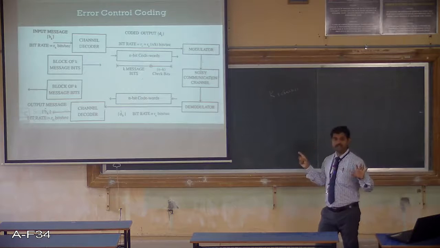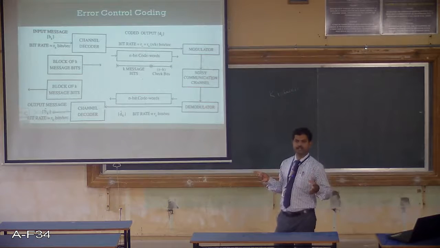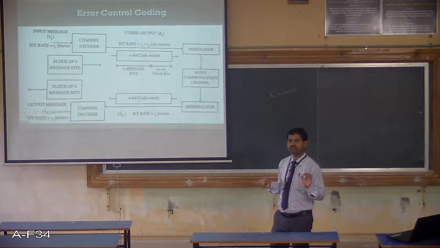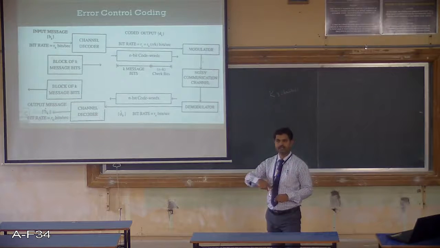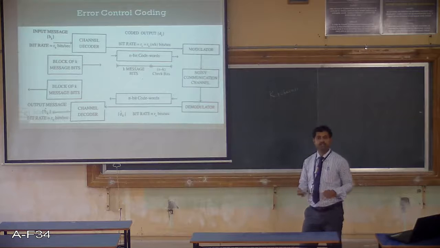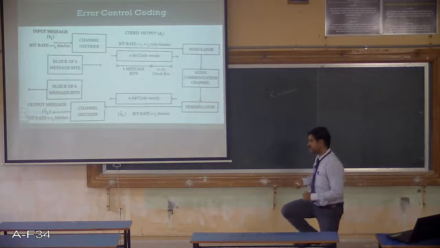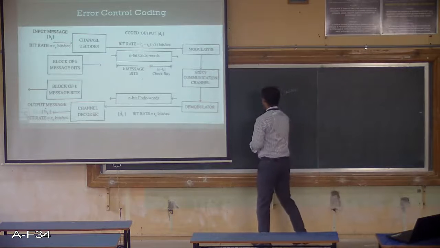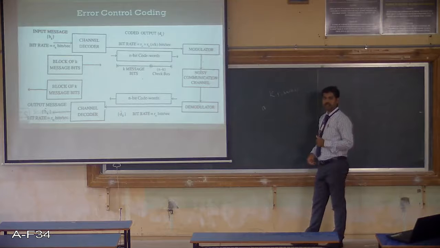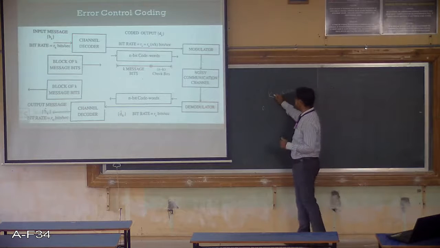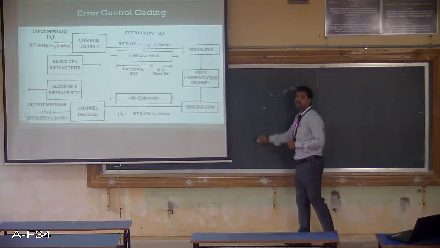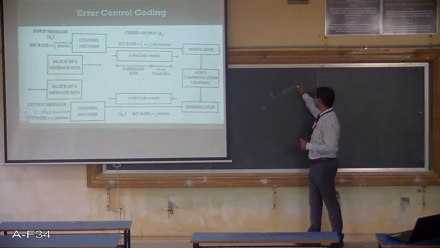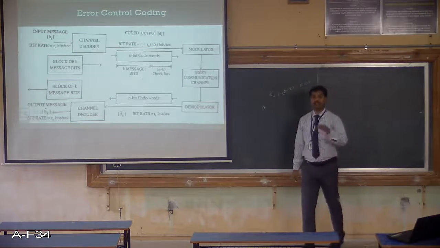So for the existing K message bits, it adds some additional bits. That is the function of the channel encoder, and that is the encoding process. The K bits are converted into another sequence whose length is n. We add the additional check bits, so the sequence is n bits after encoding.